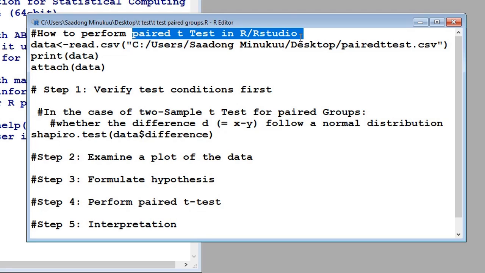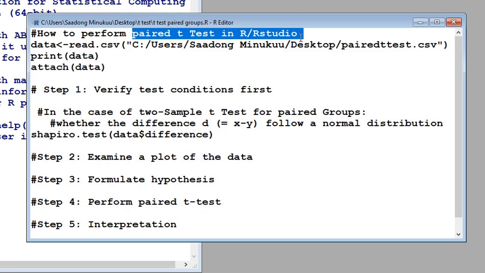Now, based on these two groups, the group of before treatment and after treatment, it's as if we had created two samples. So we have a sample of before treatment and a sample of after treatment. Now these two samples or groups are said to be paired because they are actually created from the same number of individuals.